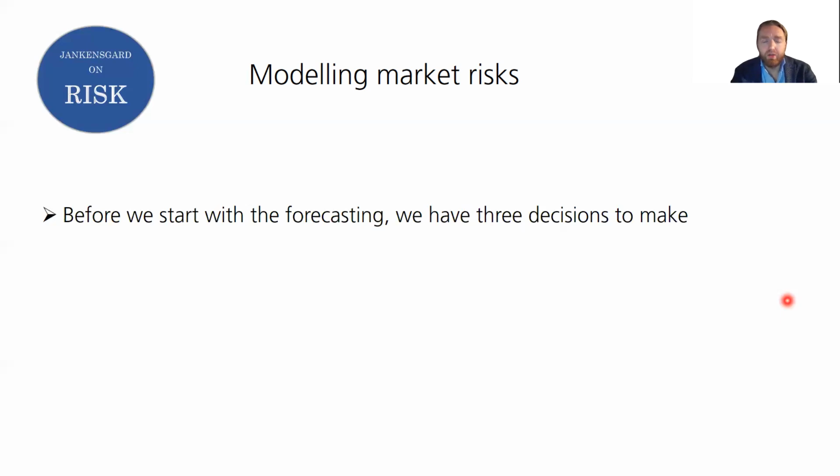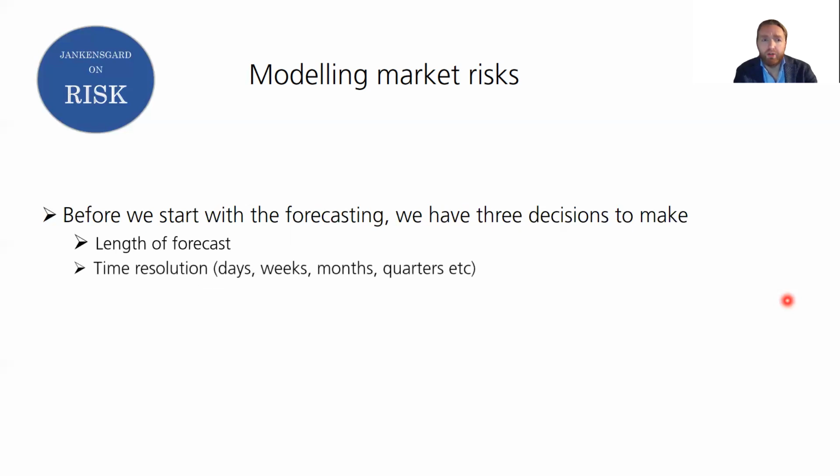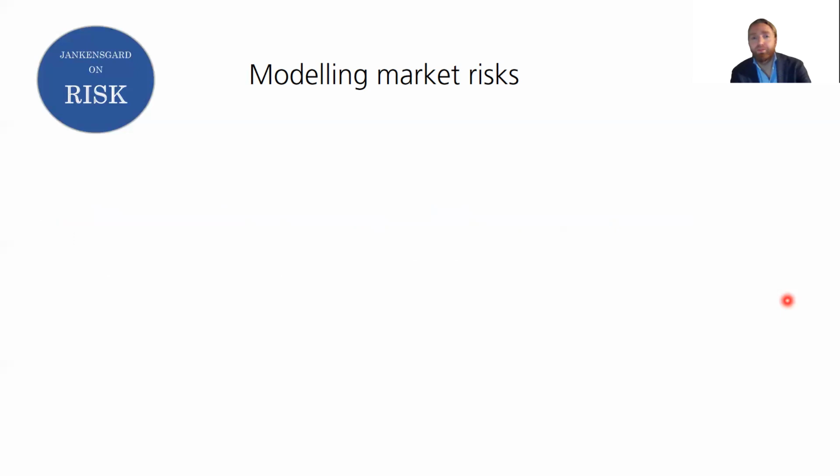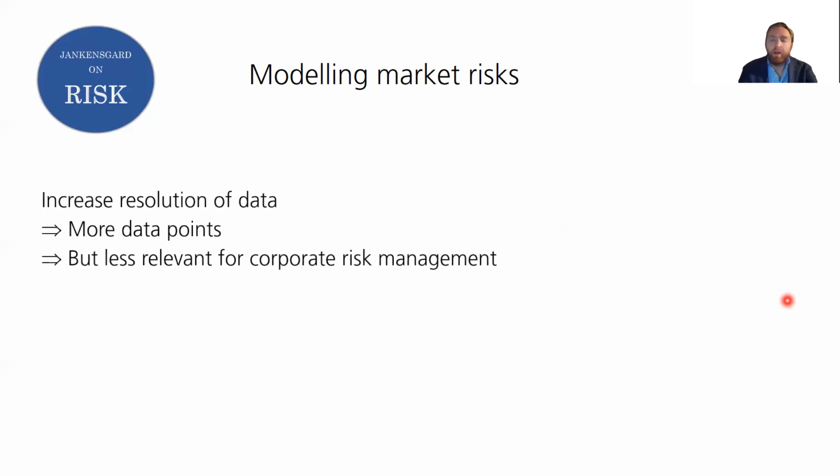All right, so this corporate setting that we have now implies a number of things, how we would like to design the model. So we have to decide on the length of the forecast, the time resolution, and the estimation window here. How far back do we go in time to get data for the estimation? And as we go about making these choices, there are obviously trade-offs involved.